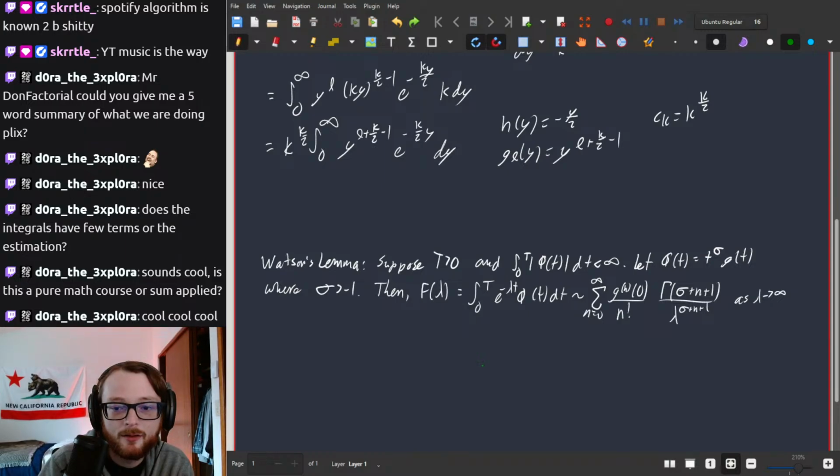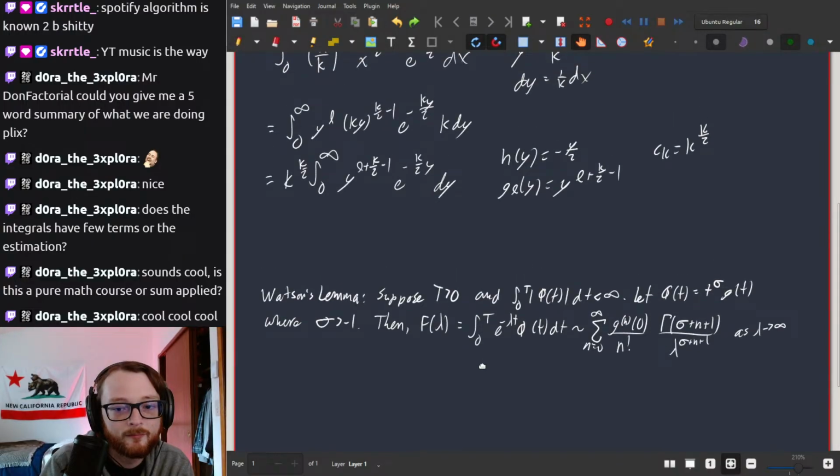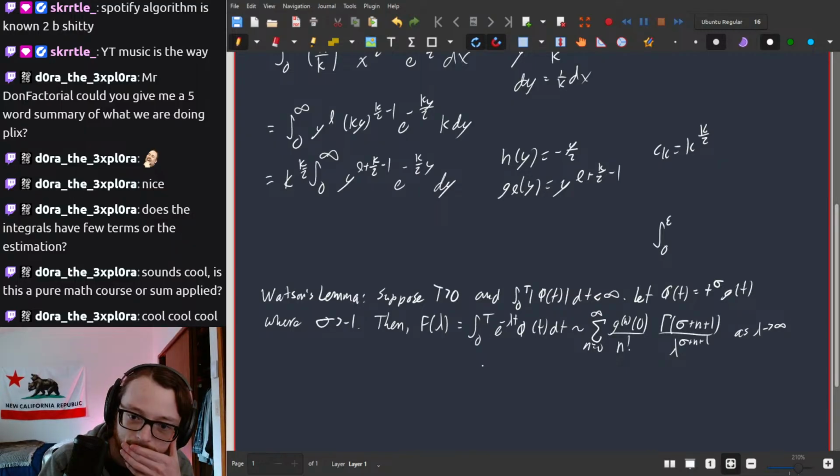If my integral is 0 to epsilon, t to the L plus k over 2 minus 1, e to the minus k over 2 y.